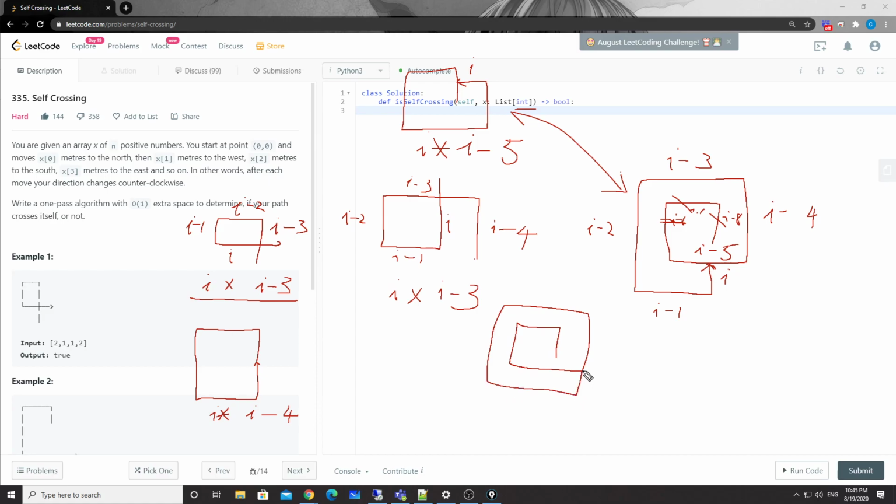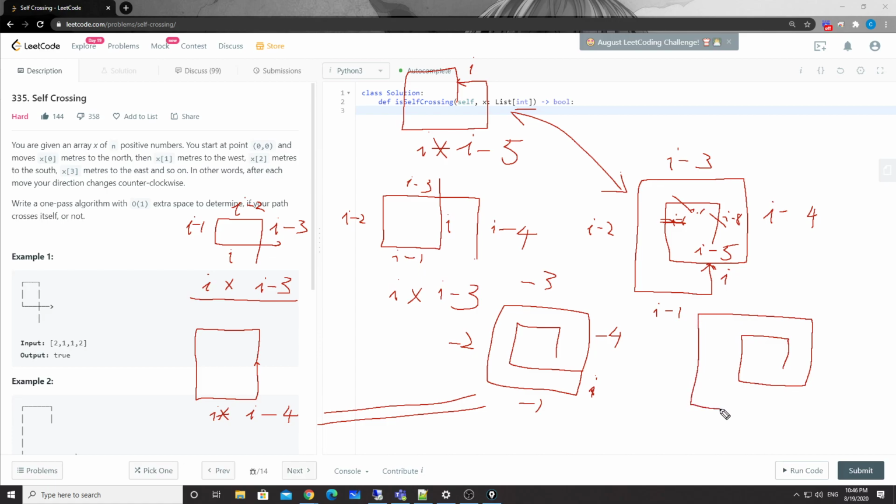Let's say we match with this line here. This is I and this is I minus 1, minus 2, minus 3, and minus 4. In this case, these two are the same. I can draw a few more, like 1, 2, 3, 4, 5.